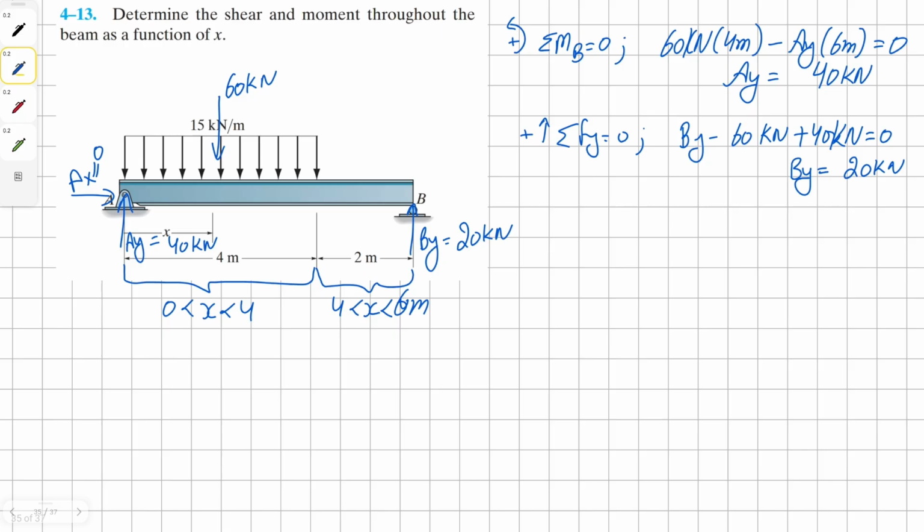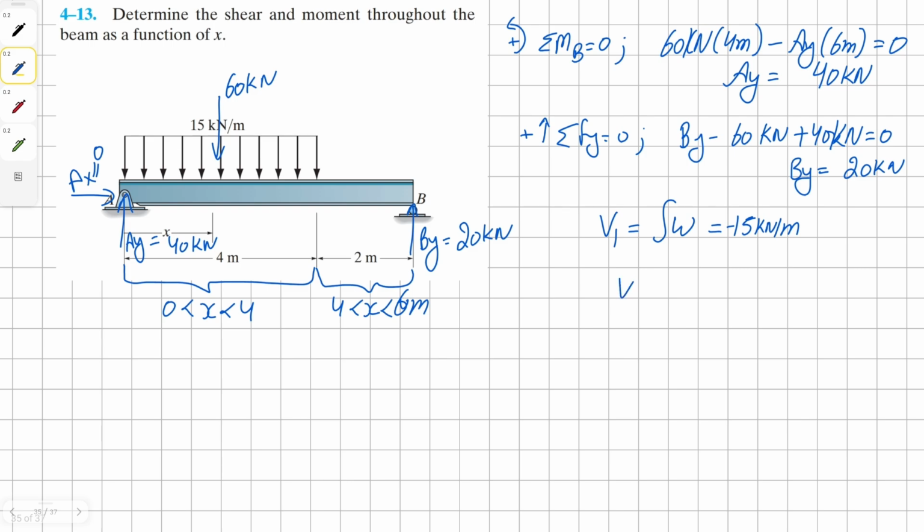To find the shear for region 1, we know that it's going to be part uniform distributed load and part our external reaction force. So we know that our W, which is our uniform distributed load, is equal to 15 kilonewton per meter, and it's a negative. And we know our shear is integral of our distributed load.